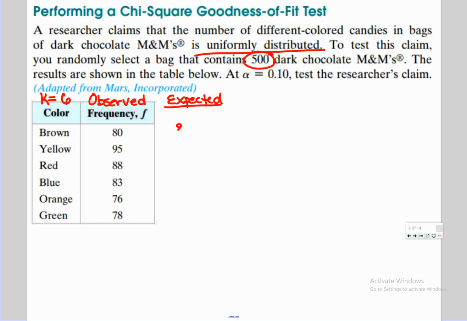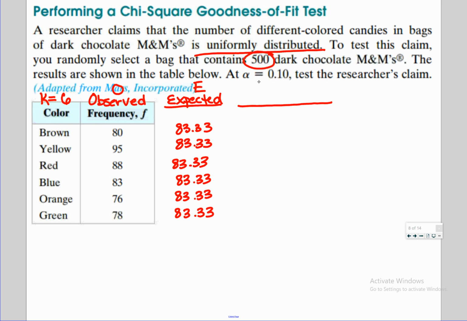So it's 83.33. I give it a couple decimal places. So if there were the exact same number of each color in the bag, there would be approximately 83.33 of each M&M. Okay. All right, so that's our O and our E in those categories.